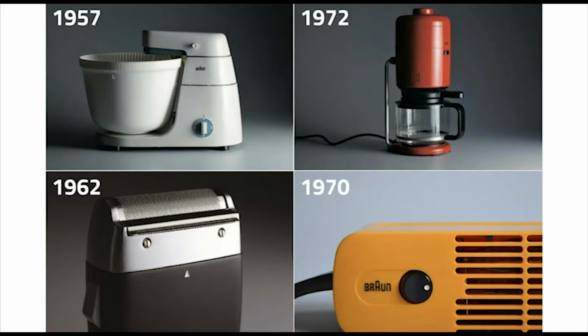And the reason I love these examples is that one of the tenets that Dieter Rams talks about is that good design is not fashionable. A lot of the time we think of design as being the most fashionable and the most currently attractive thing.